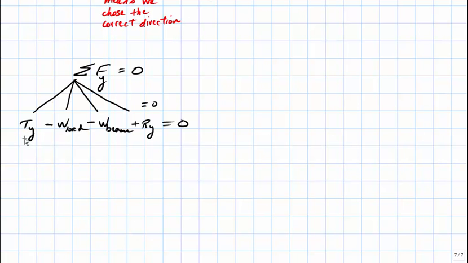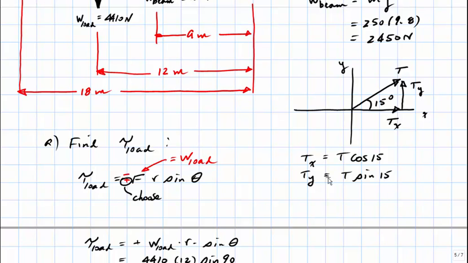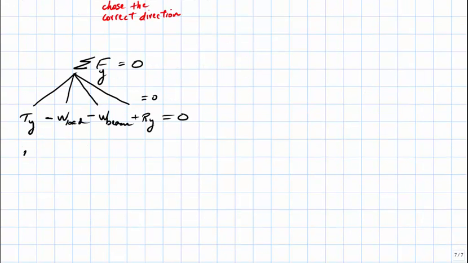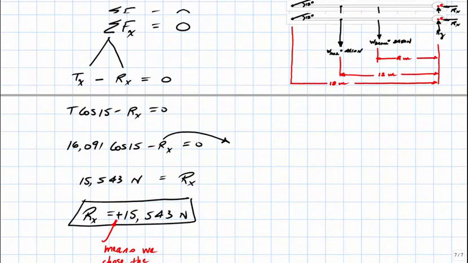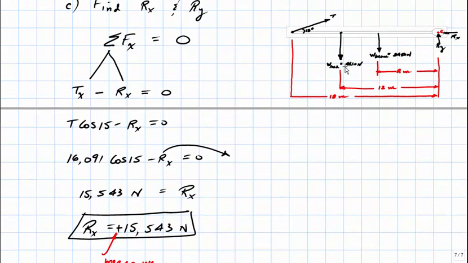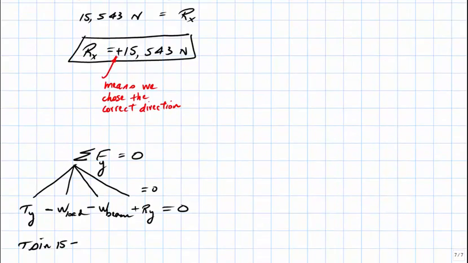Now, T sub y was noted earlier as T times the sine of 15 degrees. The weight of the load equals 4410.